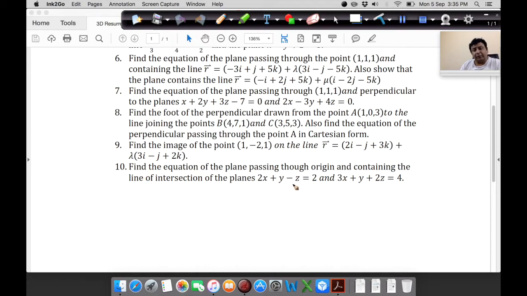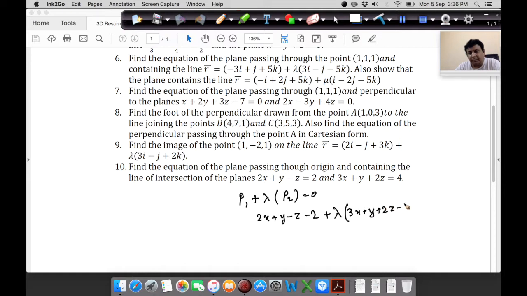whenever we need to find the plane passing through the intersection of two planes, we always do one plane plus some constant lambda times the other plane equals 0. What I want to say is 2x plus y minus z minus 2 plus lambda times (3x plus y plus 2z minus 4) equals 0.